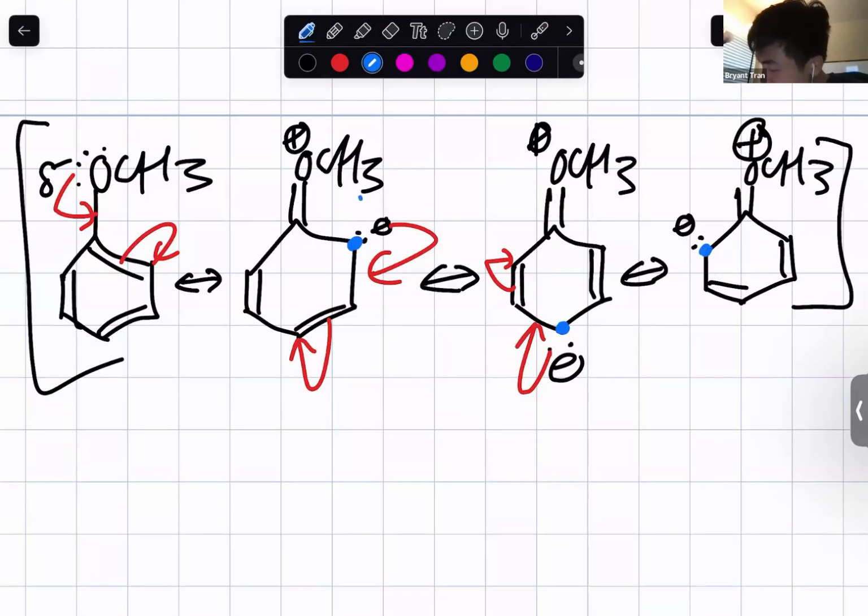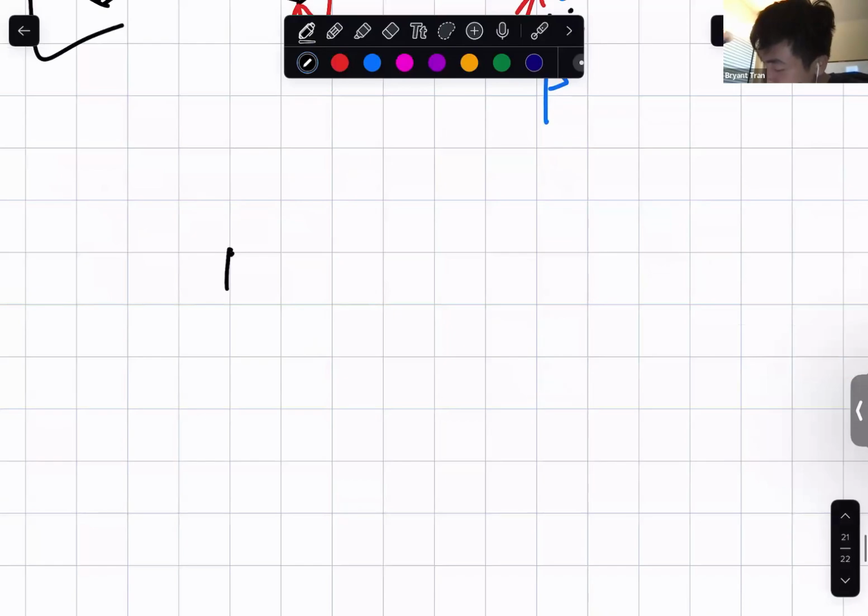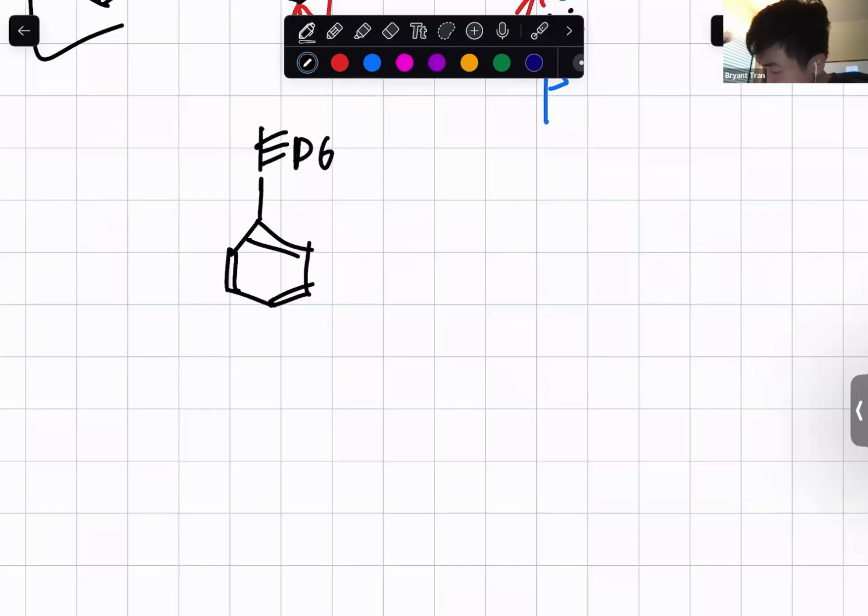Right? This is the ortho position, this is the para position, this is the ortho position. So we see that there's negative charges on the ortho positions and the para positions. So if we have any EDG here attached to the benzene system, there will be a partial negative charge on the ortho and para positions.